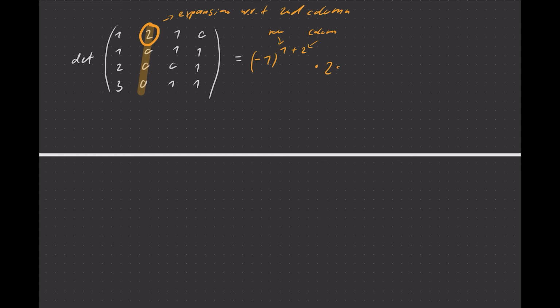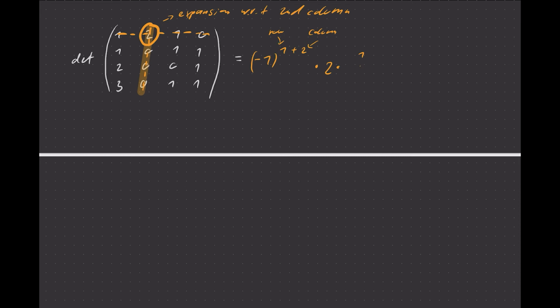And then we need to multiply this by the determinant of a cofactor, and we get that cofactor by deleting the column and the row corresponding to that current entry. So we're left with this column, and this column. So let's copy these.